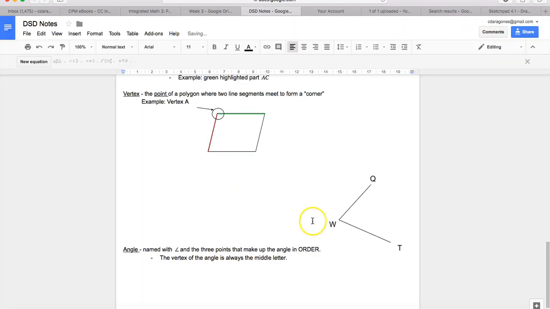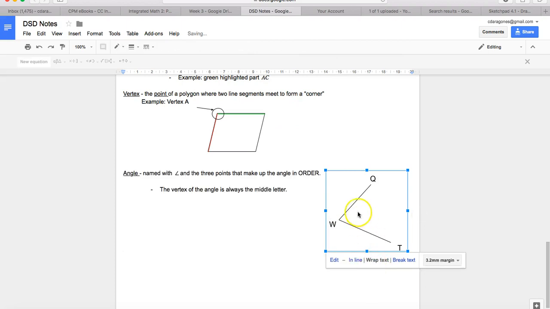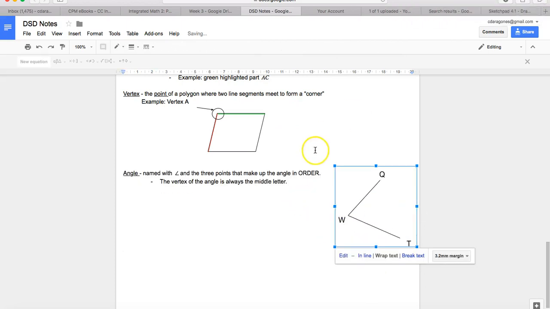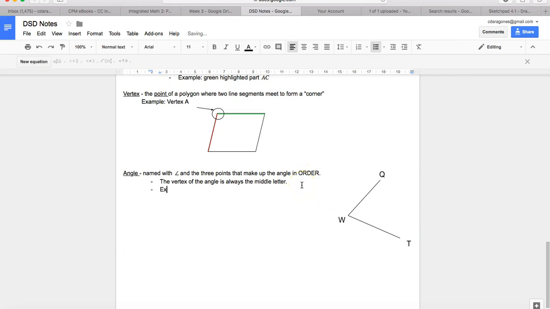So you can name that angle right there, angle QWT, or angle TWQ, right? It doesn't really matter where you start and where you end, but the vertex has to be in the middle.